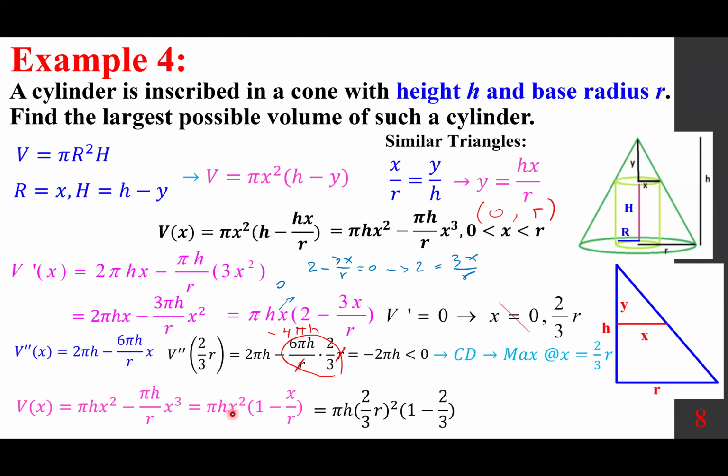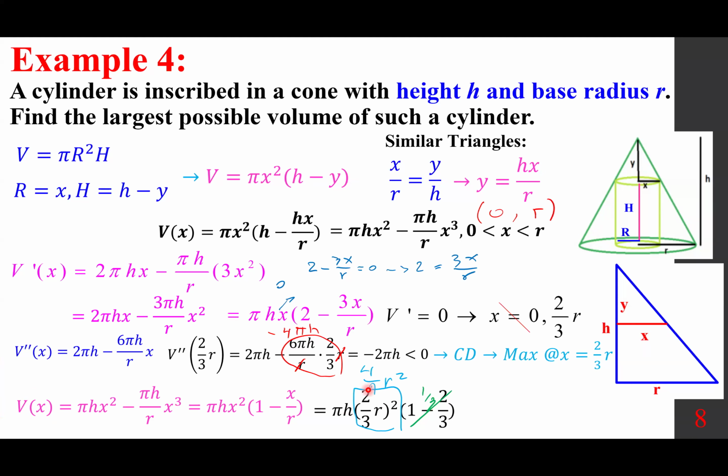You get pi h times 2/3 r quantity squared times 1 minus 2/3. First of all, this one is 1/3. Secondly, this one, you're squaring it: 4 over 9 r squared.